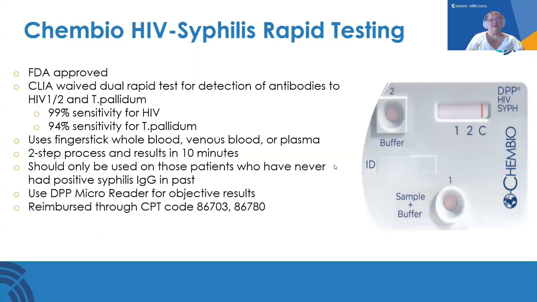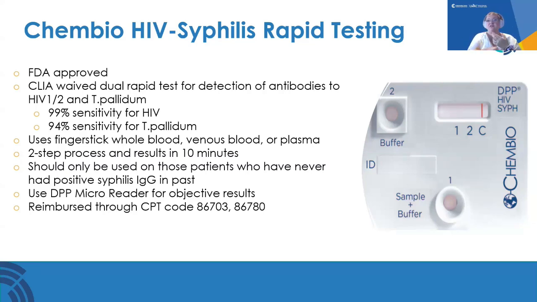So what is the ChemBio HIV syphilis rapid test that you're going to be getting in all of your clinics? It is a treponemal specific test. So that's why it also tests for HIV, which is a third generation HIV test, and it's also the treponemal specific syphilis test together.